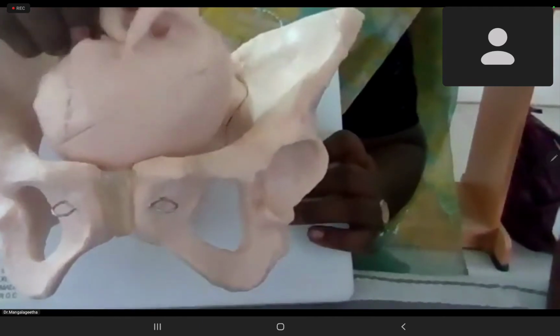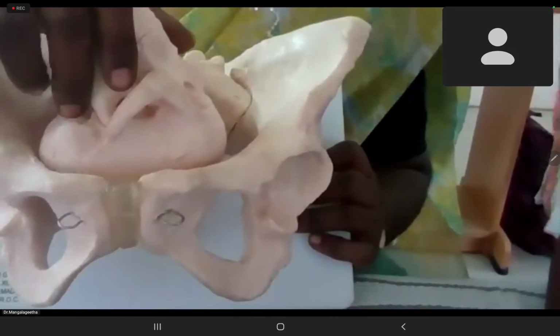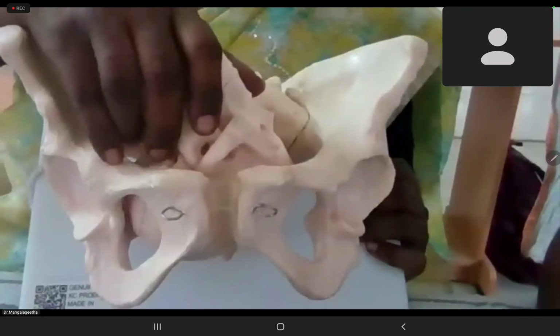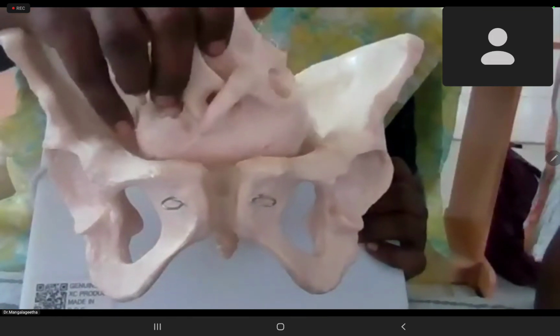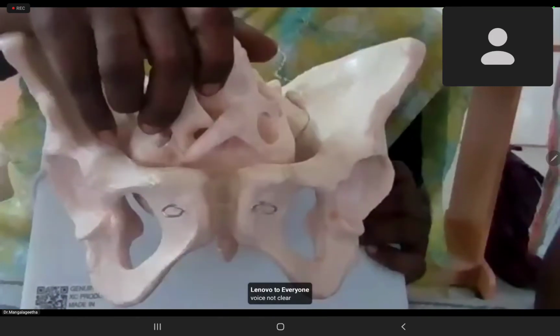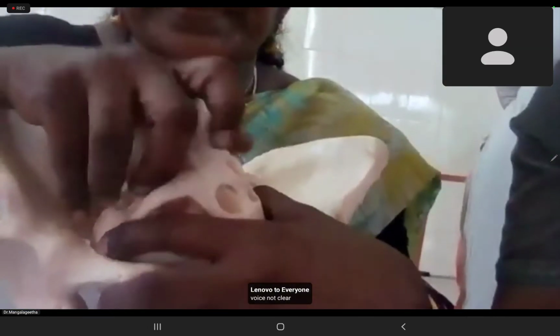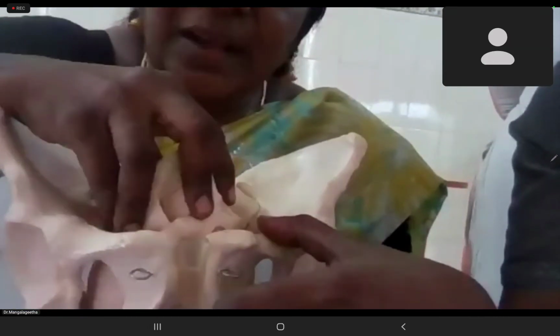Usually it delivers given adequate time, uterine contraction and maternal cooperation. The occiput will try to turn anterior and it will deliver. Of course, in cases when the situation is not so easy, the occiput will rotate posterior.